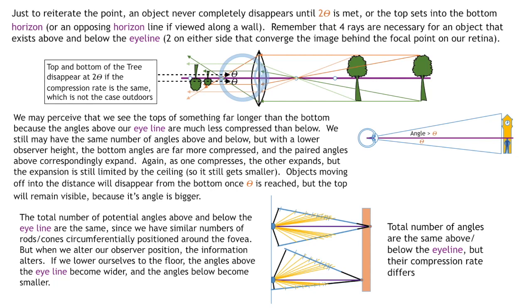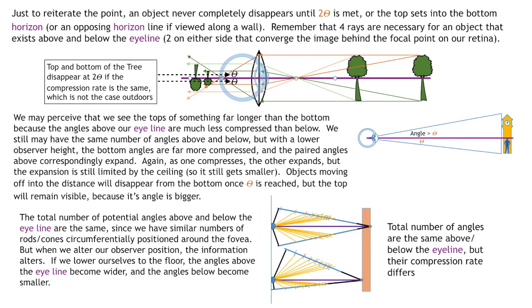In other words, the floor is usually compressing an object much more than the ceiling, since the ceiling, in the case of the sky, is much higher. Even then, 2 theta being met simultaneously is very rare, because for that you need the floor and the ceiling to be the exact same height away from your eye.